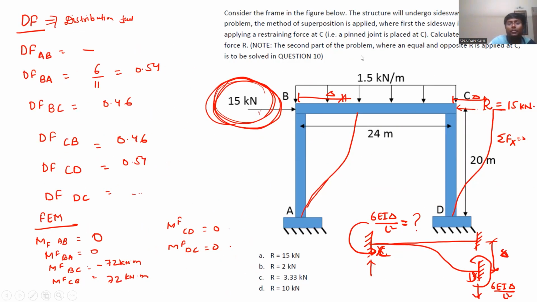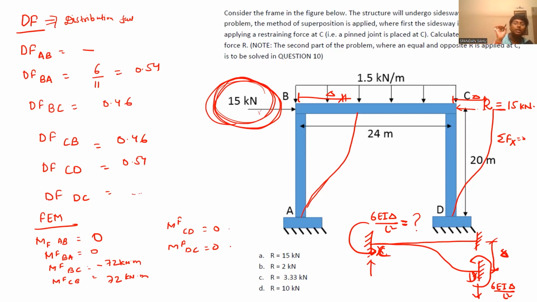So, sir, in previous classes, we have solved the support reactions, movements, and all those things by applying the force method. But my question is, can we apply the displacement method to find the support settlements, reactions, movements for those force method problems that we have discussed?